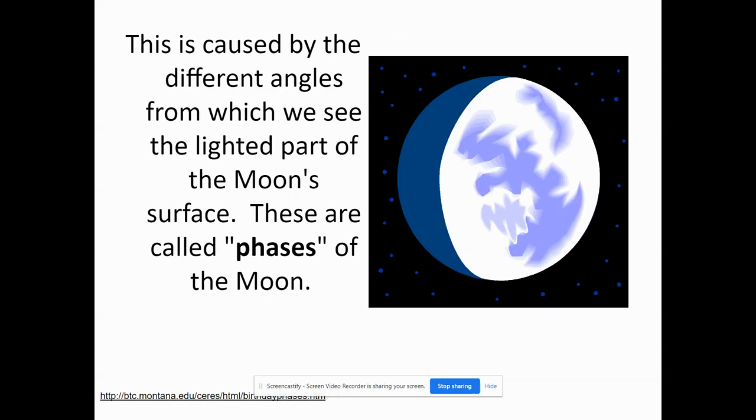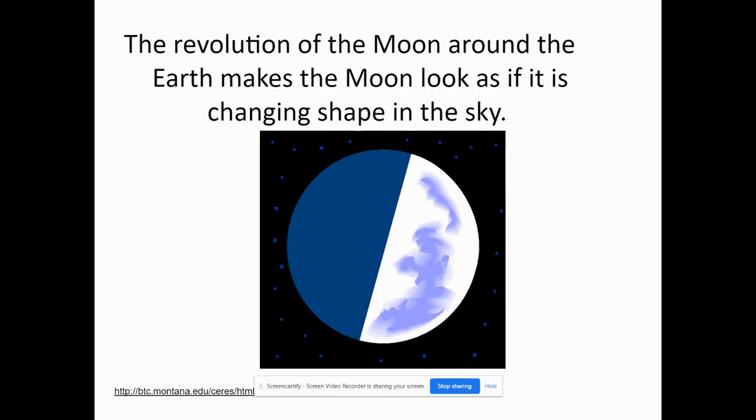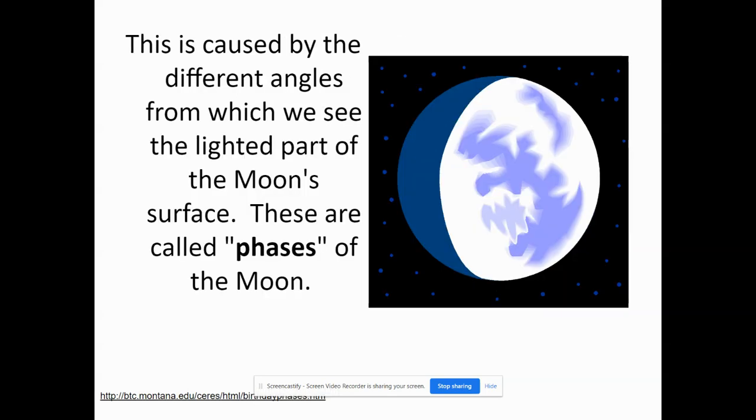So the earth revolves around the sun once a year. Our moon revolves around earth once a month. Because we see the moon at different angles, we're going to see different parts of the moon illuminated, and they're going to look like different shapes. And those shapes we're going to call phases of the moon.